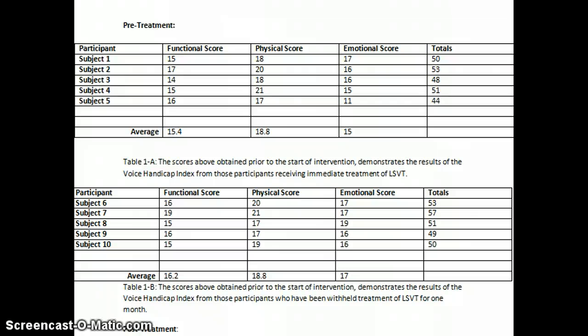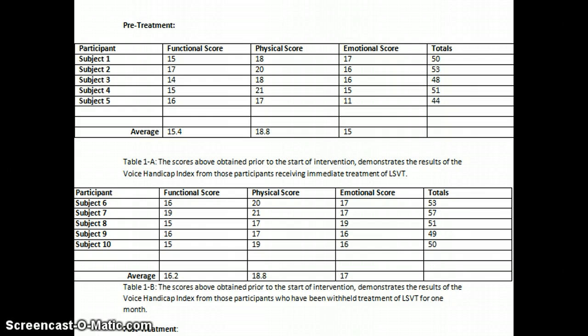So here you can see we separated them per subject, and we have the functional score for subject 1 being 15, physical score of 18, emotional score of 17, and that is for a total of 50, which is going to be for subject 1 moderate to severe.